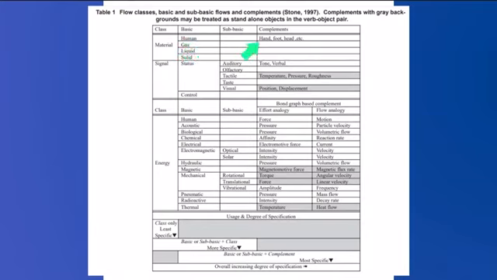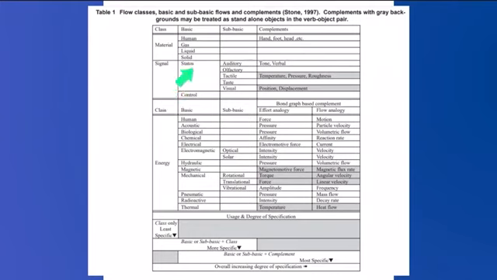Material can be in the form of hand, movement, foot, head and so on. Then the flow of signal can carry the status of the signal or control of the signal.